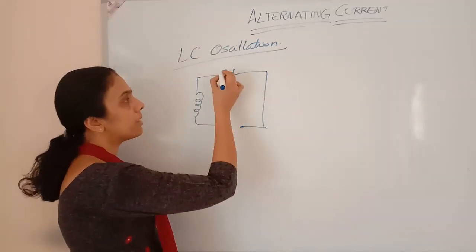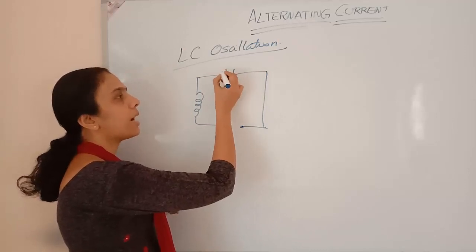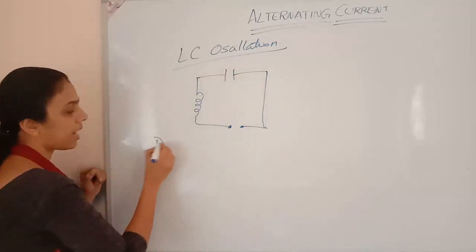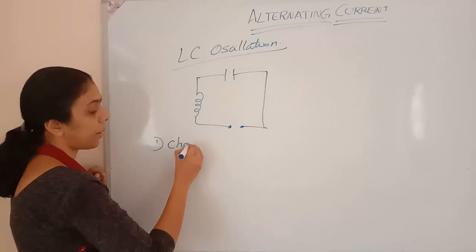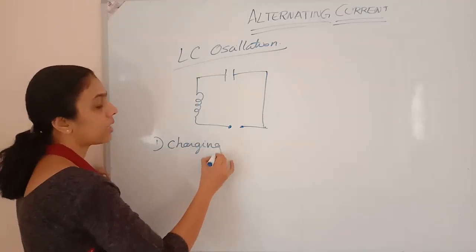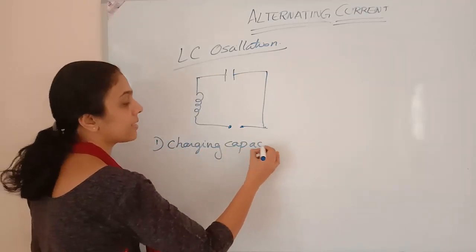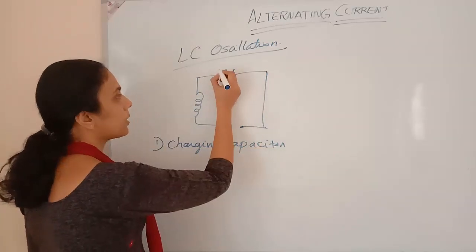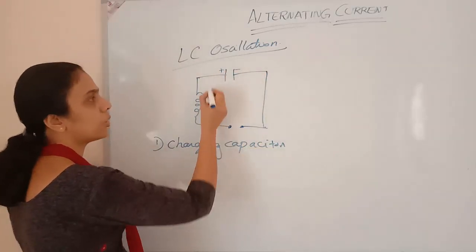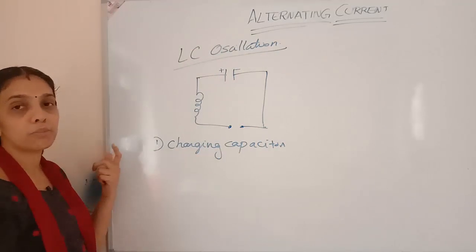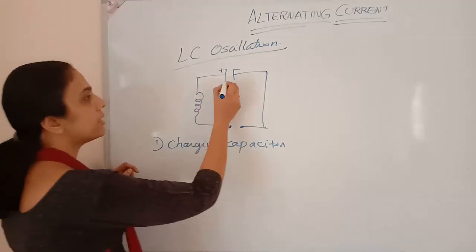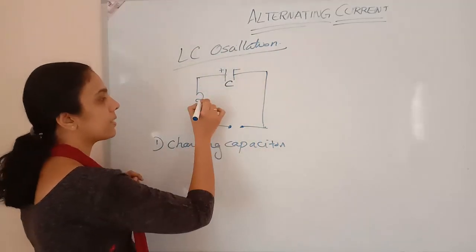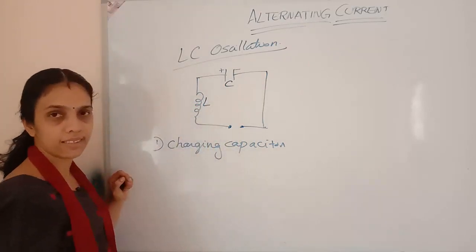Now if this is a capacitor, first I am charging the capacitor. That is the first step, using an external circuit to charge the capacitor. The charged capacitor is present in the circuit and here an inductor is there.